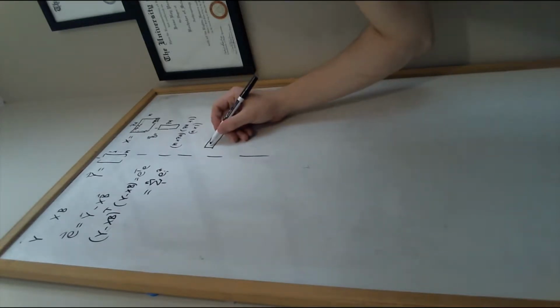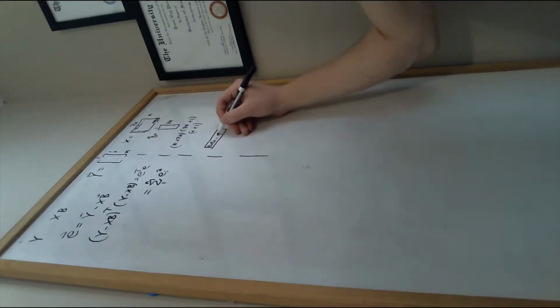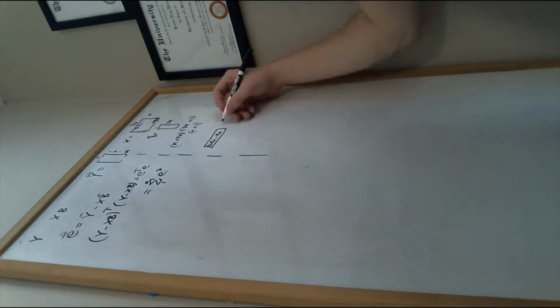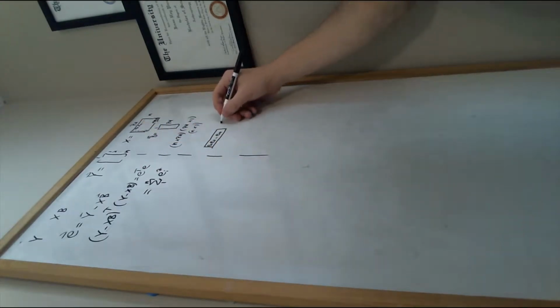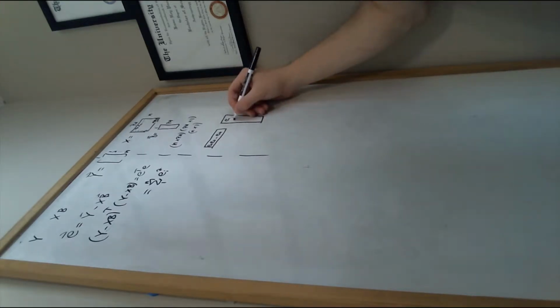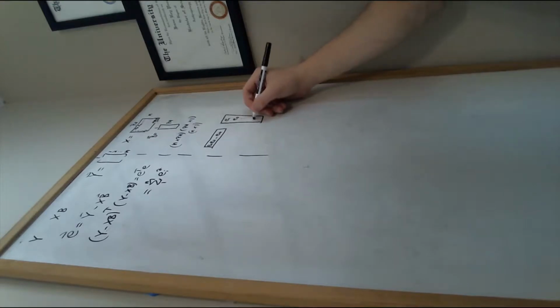It doesn't really matter what the entries are, but let's say e1, e2, dot dot dot, en, and we're going to multiply e transpose by an n by 1 matrix, which is e1, e2, dot dot dot, en.